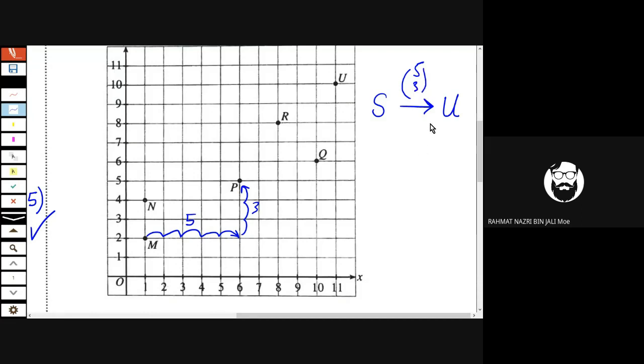Sekarang kita mau cari S. Jadi kita kena guna inverse method. -5, -3. Digerakkan titik U to the left 5 unit, 1, 2, 3, 4, 5. Okay, and then downward 3 unit, 1, 2, 3. So lastly, we find out the point S is located at here.